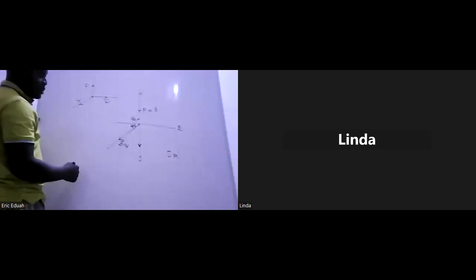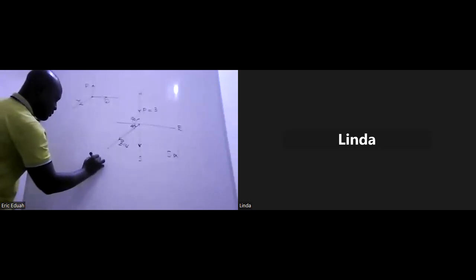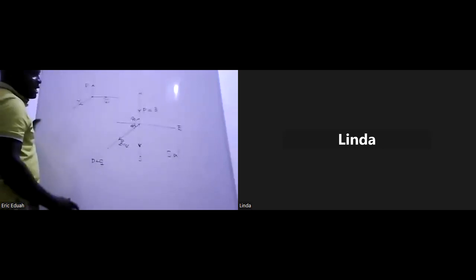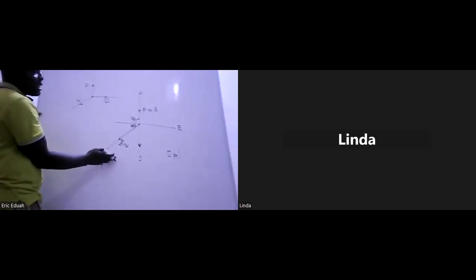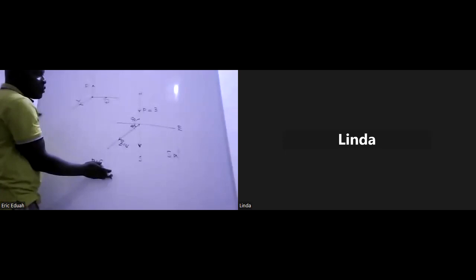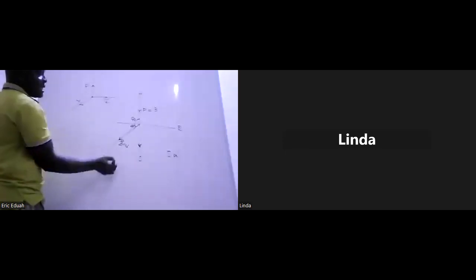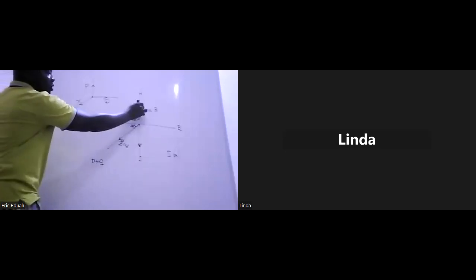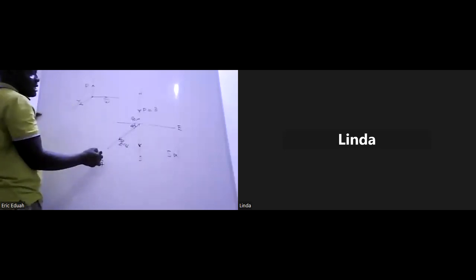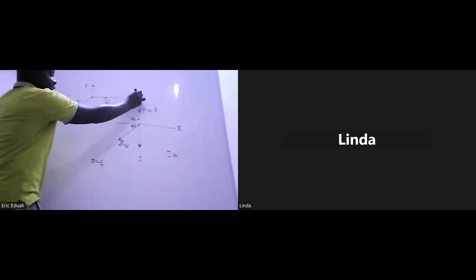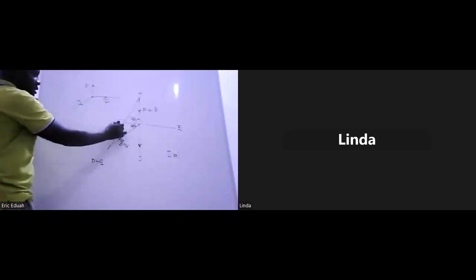If 135 degrees is the angle between them, and I'm to find P plus Q, then I have to find the resultant of this plus this. The arrows follow that order, so the resultant will be in this direction.